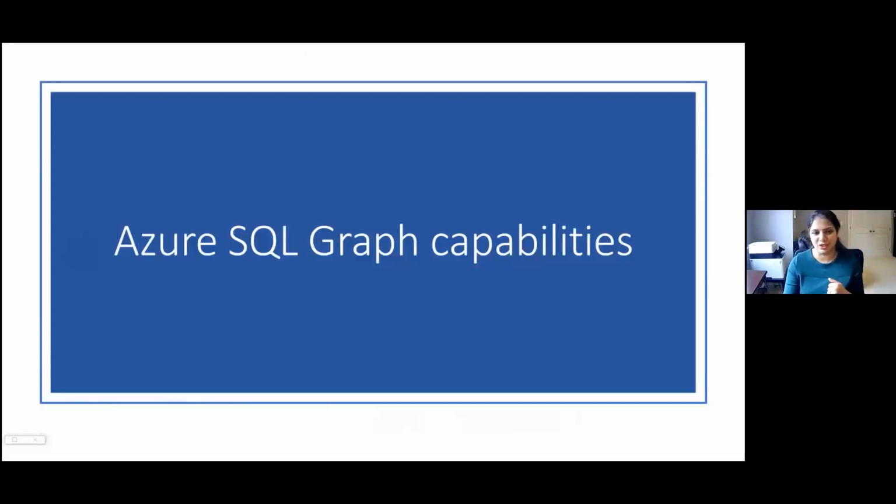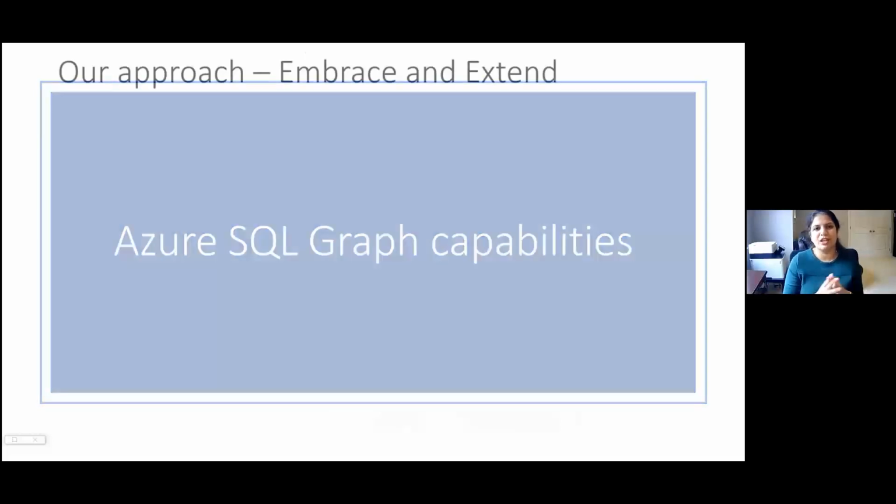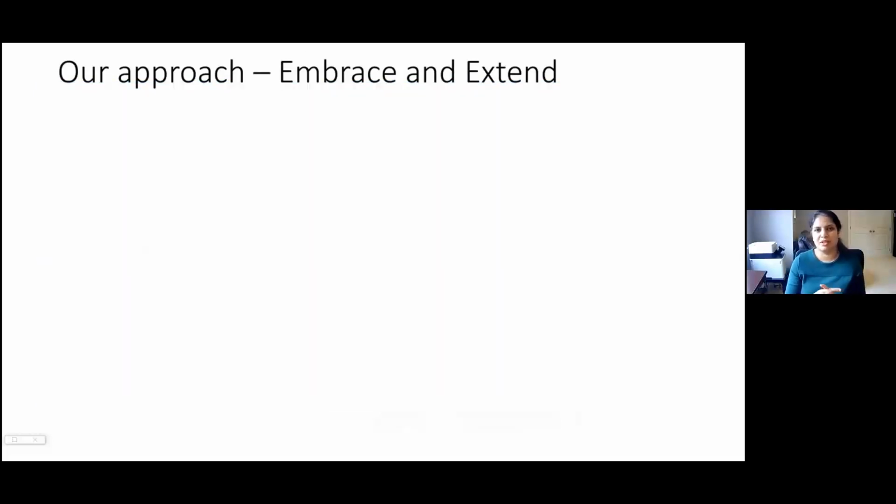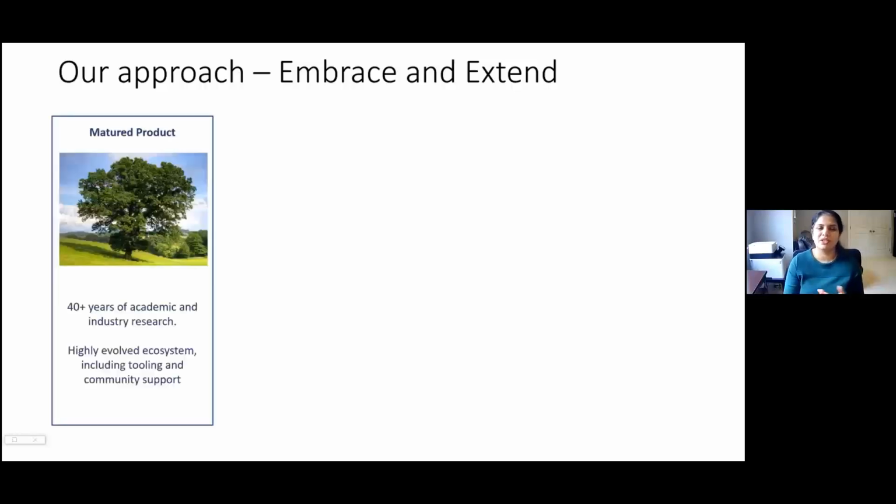Because SQL is relational. Our philosophy around that was very simple: we decided we'll embrace and extend. When we were deciding to build these SQL Graph features, we were surveying customers, and all of our customers unanimously said that they don't want to use two different products for data processing and pay twice the licensing cost and maintenance costs.